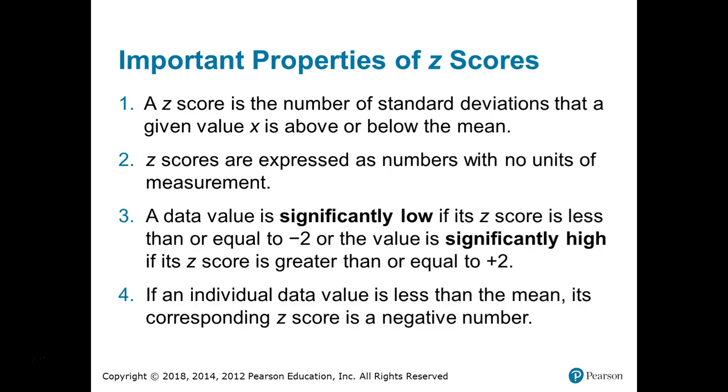Important properties of z-scores. A z-score is the number of standard deviations that a given x value is away from the mean, either above or below. Above the mean would be a positive z-score, below the mean would be a negative z-score. Z-scores are expressed as numbers with no units or measurements.